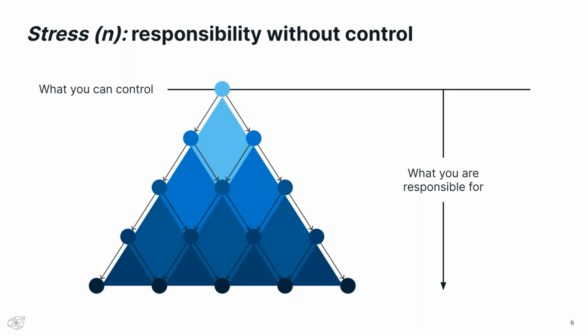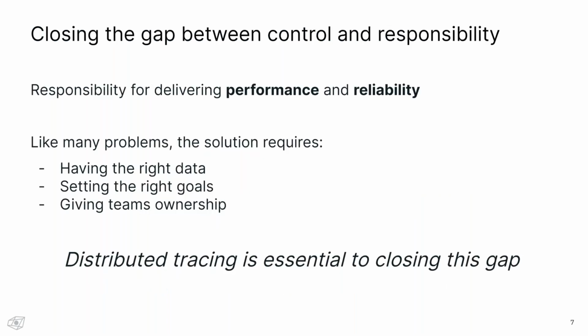That's everything from another team launching a service that you depend on, to managed services or external APIs. All these things you don't have control over, but you're still responsible for, because if they are slow or they go down, that affects your service. That is stress, and that stress leads to things like burnout. It leads to really bad outcomes for the individual humans that make up our teams.